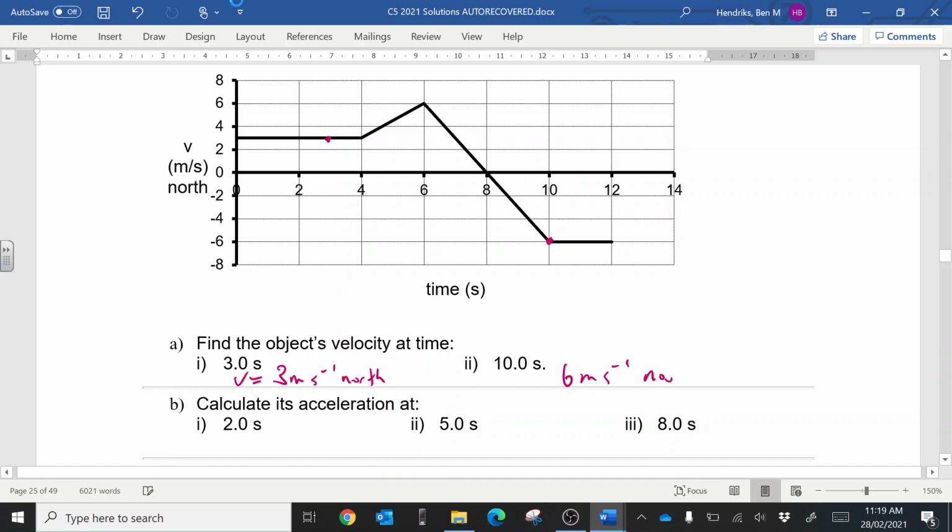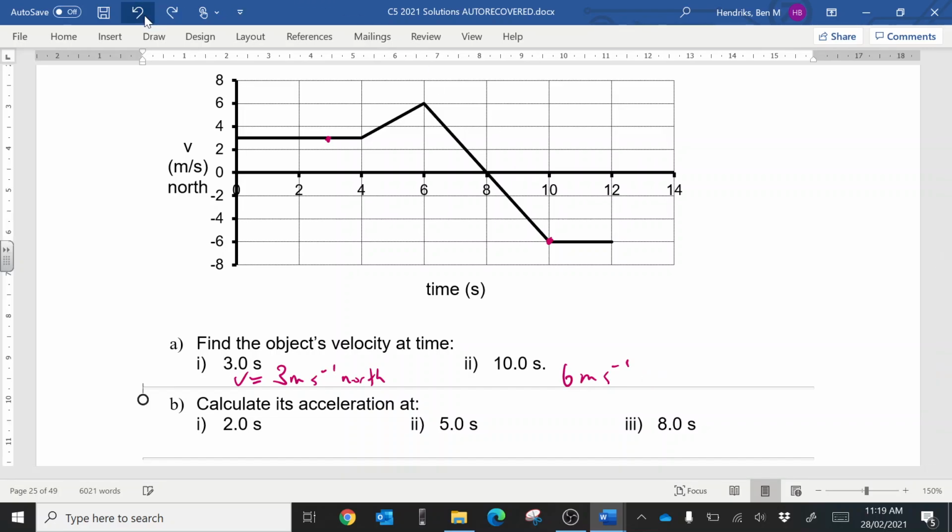So v equals 6 meters per second south. And in case that confuses you, it's negative 6 meters per second north. Down here is south, and up here is north.